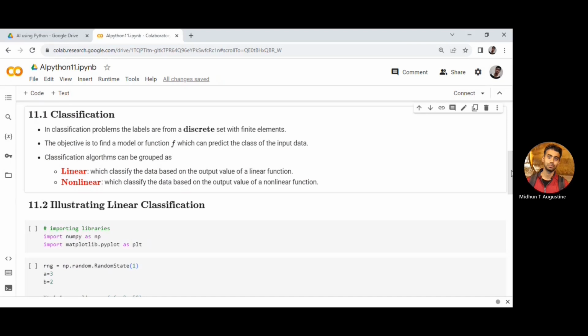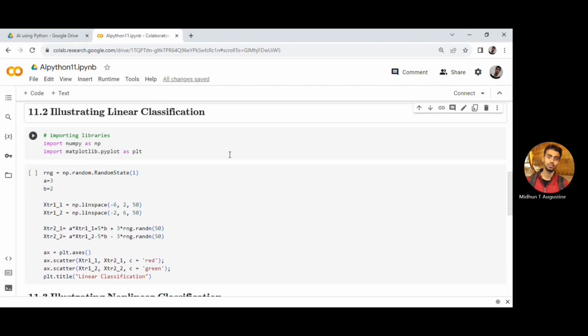Next, we illustrate linear classification and the idea of linearly separable data. To illustrate linear classification, we are considering an example in which the data is linearly separable. Here, we are considering the input data with two variables, which we denote by xtr1 and xtr2.